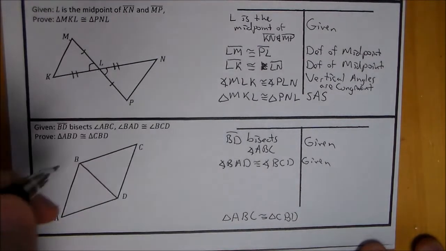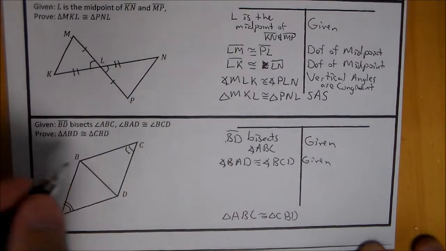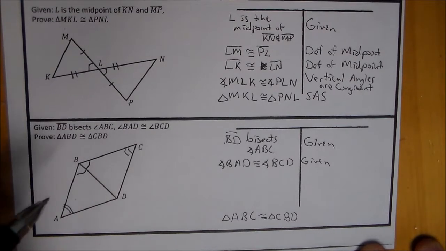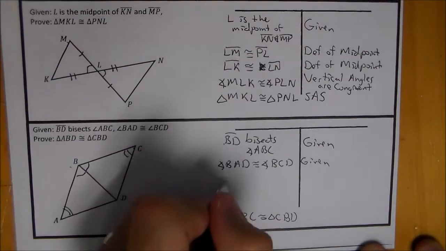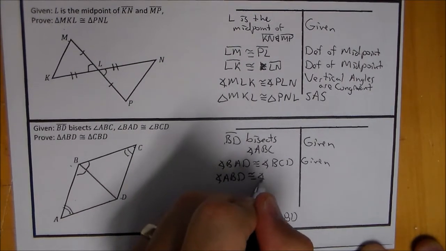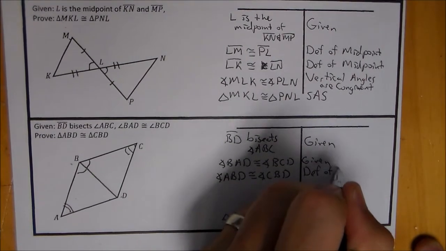So BAD and BCD are these two angles. I also have that BD bisects ABC, and that's going to be these two angles. So now I need to state that and say that ABD and CBD are congruent. And that's by our definition of angle bisector.